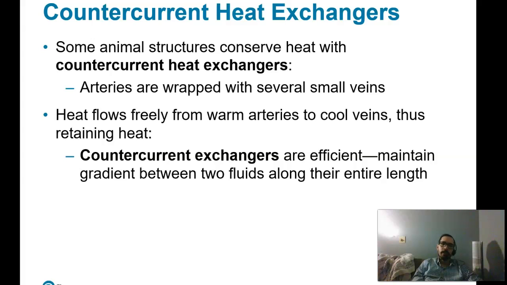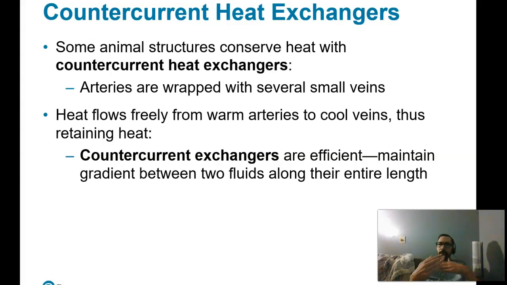Some animal structures conserve heat with the countercurrent heat exchangers. So these are arteries that are wrapped with several veins. So they're arranged in an anti-parallel arrangement.